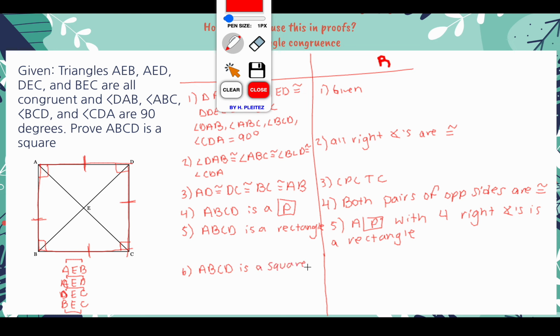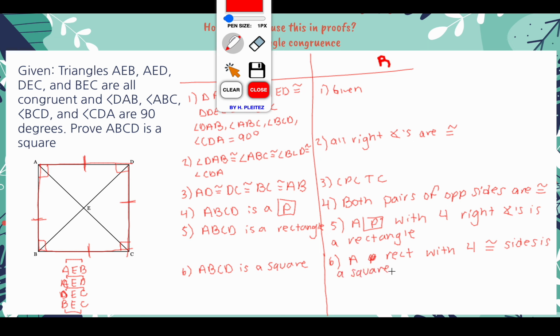And the reason is because a rectangle with four congruent sides. And again, I'm literally just using the checklist. We already have a rectangle, and we said we only needed to check off one thing from a rhombus. So the thing we're checking off from a rhombus is the four congruent sides. So a rectangle with four congruent sides is going to be a square.